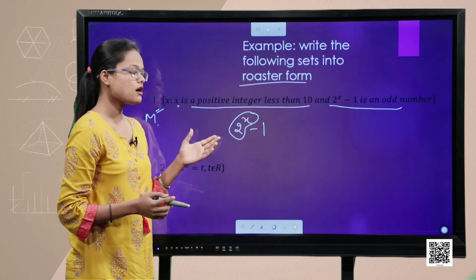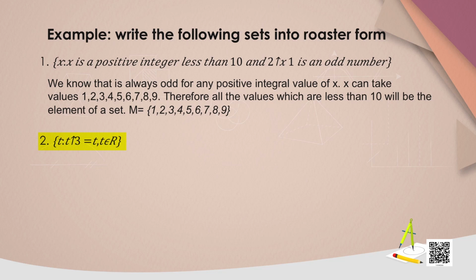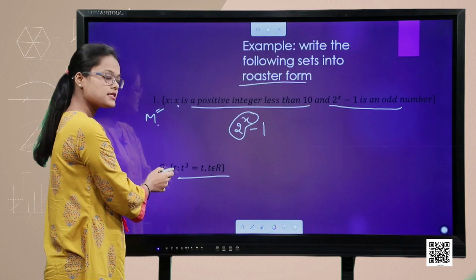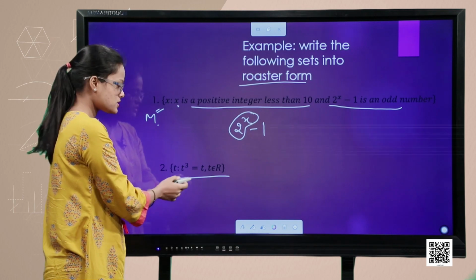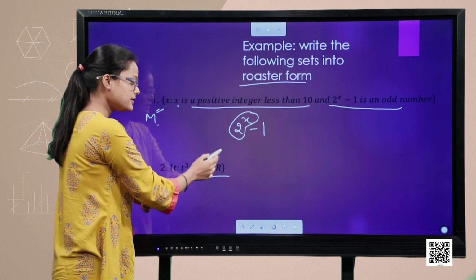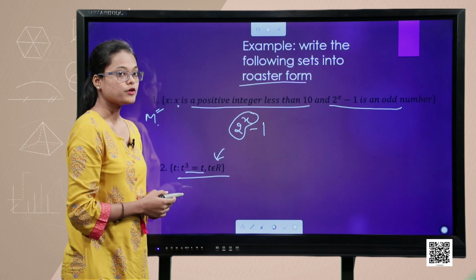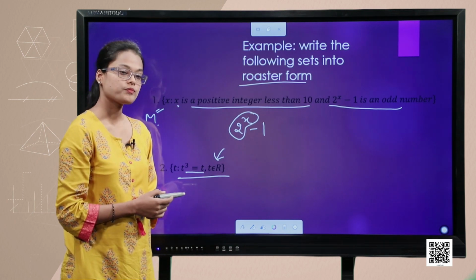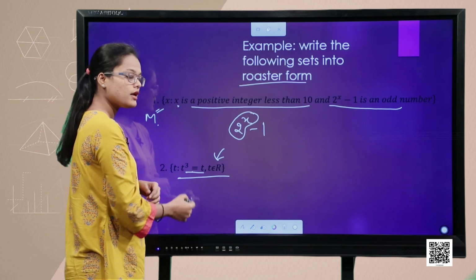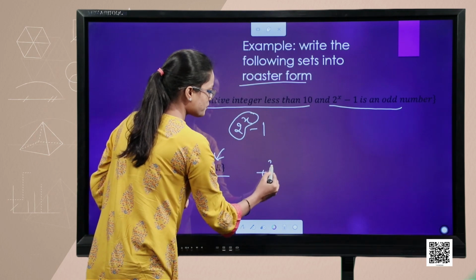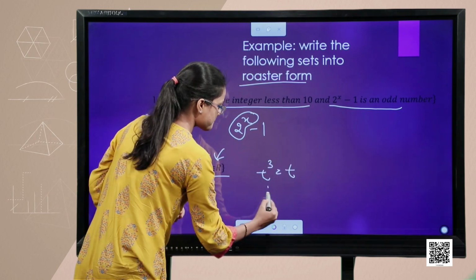So, before seeing the answer, let us see this set as well. This set is the set of all those elements which satisfy this equation and the numbers are coming from real numbers. Can we write this equation like this?